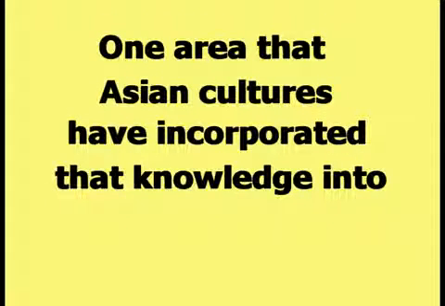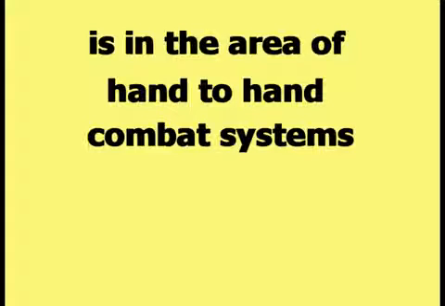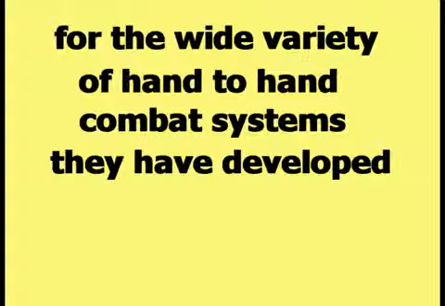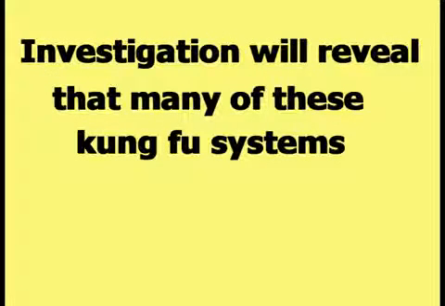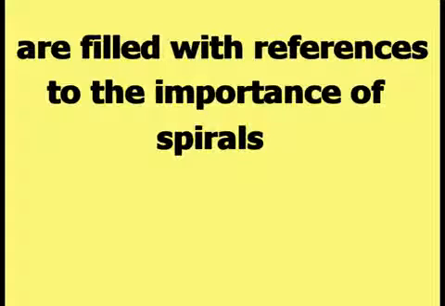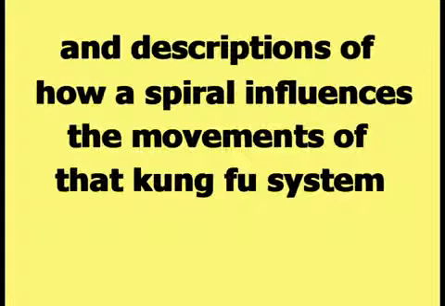One area that Asian cultures have incorporated that knowledge into is in the area of hand-to-hand combat systems. Asian cultures are known for the wide variety of hand-to-hand combat systems they have developed, which they call Kung Fu. Investigation will reveal that many of these Kung Fu systems are filled with references to the importance of spirals and descriptions of how a spiral influences the movements of that Kung Fu system.